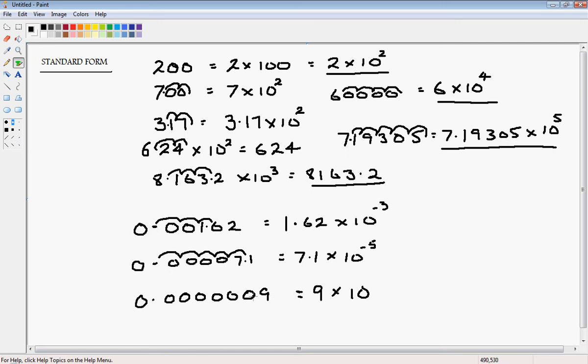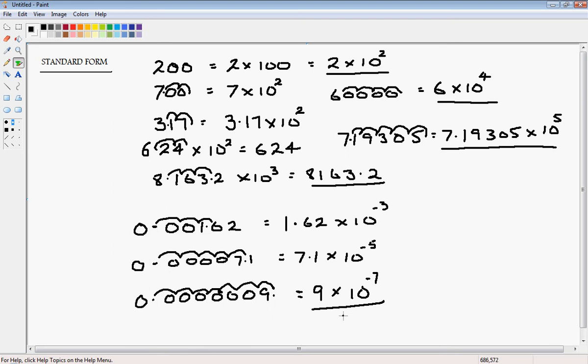Now my decimal point has to come after the 9, okay? Because if it comes before the 9, it becomes 0.9. So it has to become 9 point. So my decimal point is going to go there. I just count the number of times the point needs to move. 1, 2, 3, 4, 5, 6, 7. So this would be 9 times 10 to the minus 7.